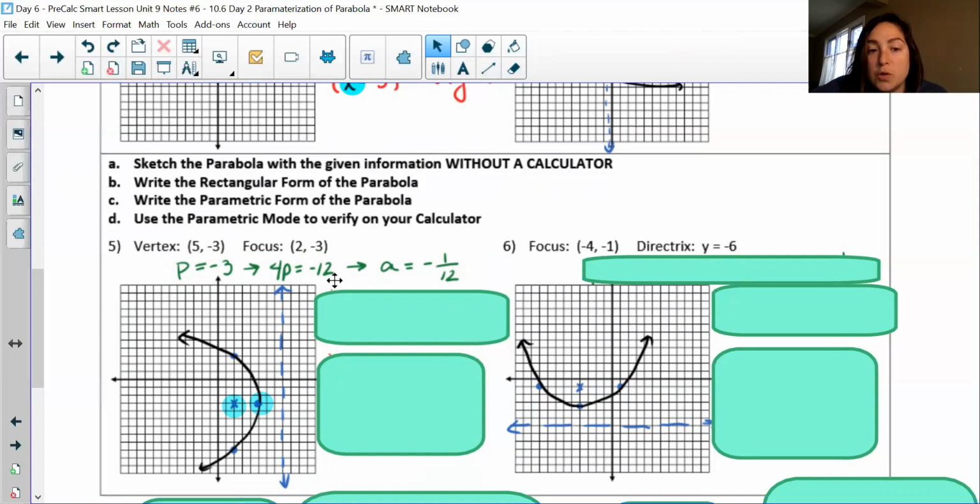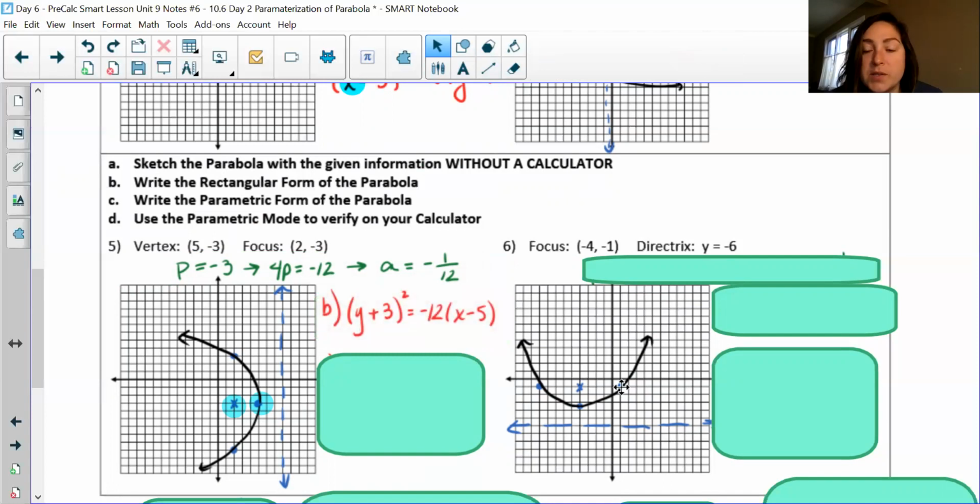So when I put this into rectangular form, I get y plus 3 squared equals -12 times x minus 5. Again, y plus 3 squared, because this is a horizontal parabola opening to the left. So from here, to put it into parametric form, we can do it one of 2 ways.